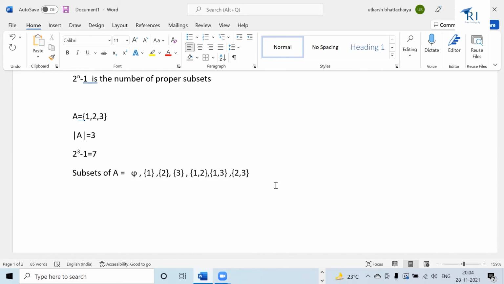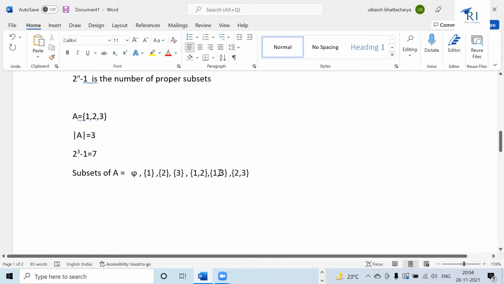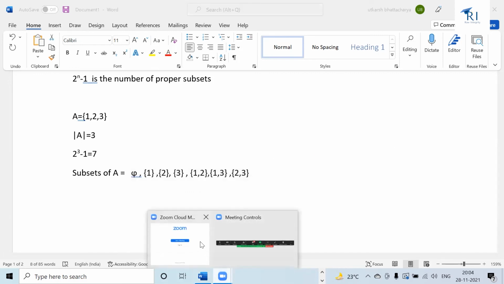No, we can't add, because now we have all the proper subsets, because phi is also counted here, the empty set. That means this set has no elements, so this also belongs here. So now we have how many proper subsets? 7. Is it clear to everyone, or should I explain what we have done here?